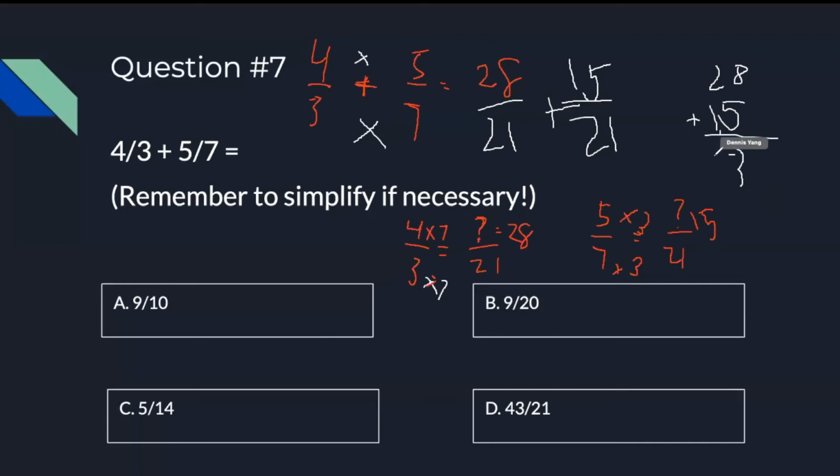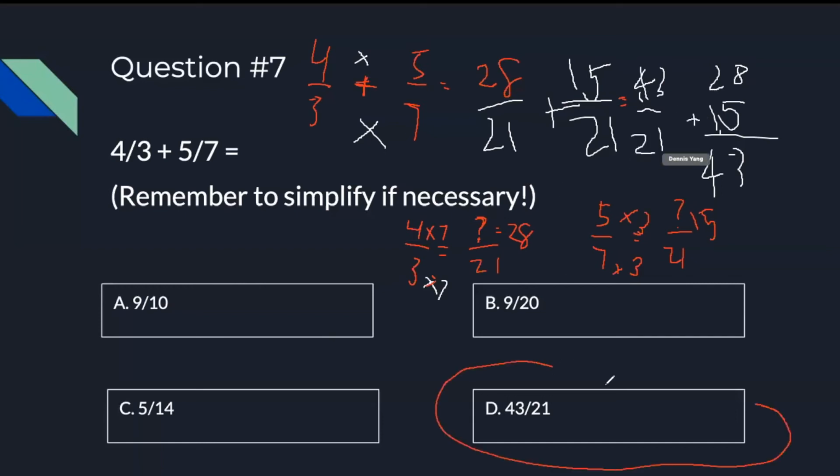And the 1 plus 1 is 2, and then this one has a 2 already, so 2 turns into a 4, so it's 43. So now I just do 43 over 21. So good. So in that case, the answer will be D.